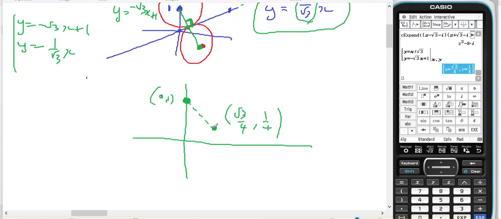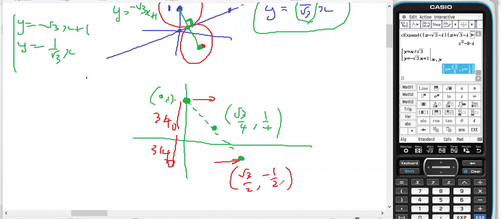So to find the corresponding point over here, if this is moved root 3 on 4, then I'm going to move another root 3 on 4, so that's root 3 on 2. If this is moved down 3/4 to go from 1 down to 1/4, if I move another 3/4 down, I'm down at negative 1/2.